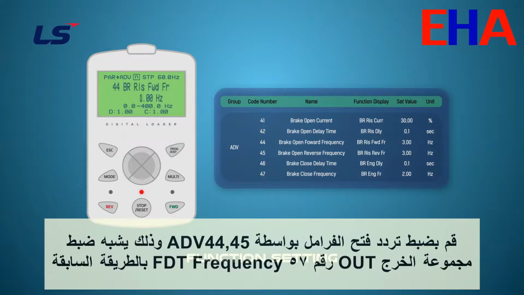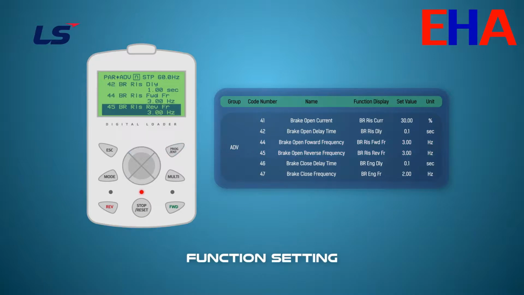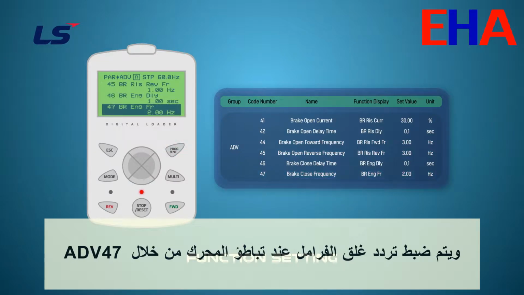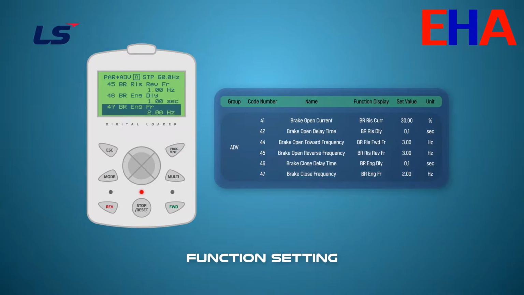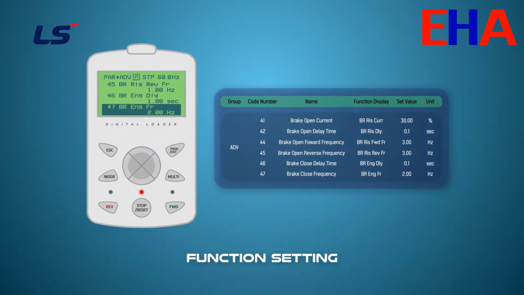Similar to setting outgroup 57 FDT frequency, set the brake open frequency at ADV 44 and 45 and set the close frequency of the brake at ADV 47 in deceleration of motor. Delay time parameter for brake open and close can be set according to the load characteristics.